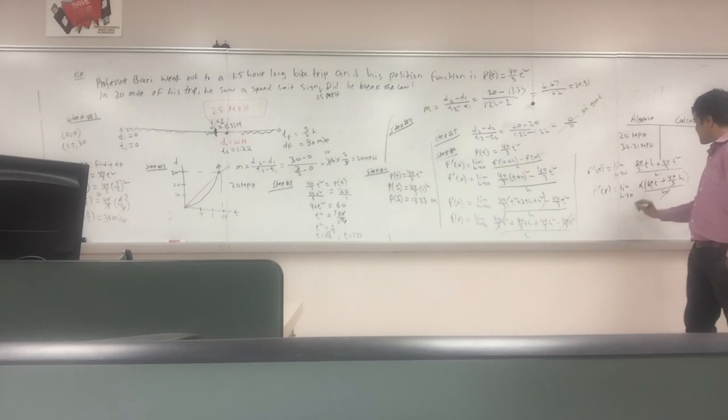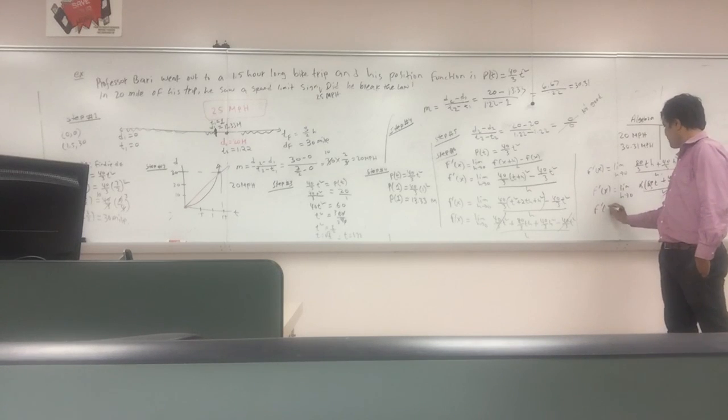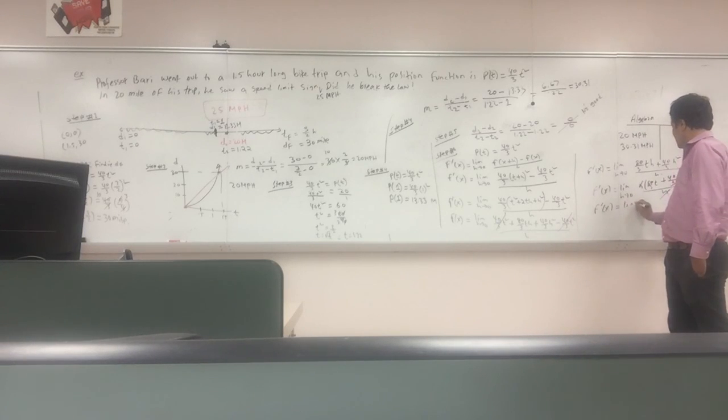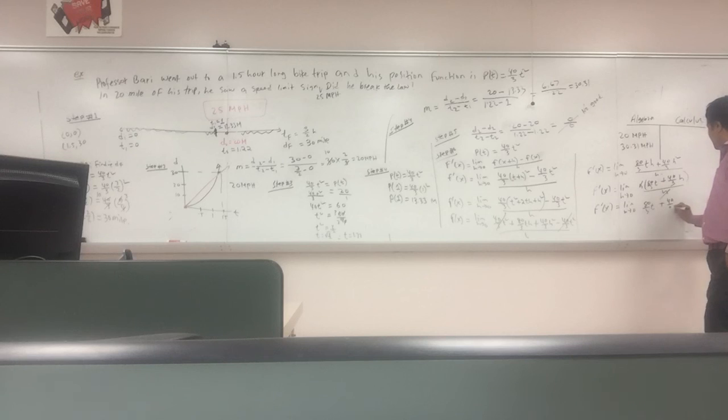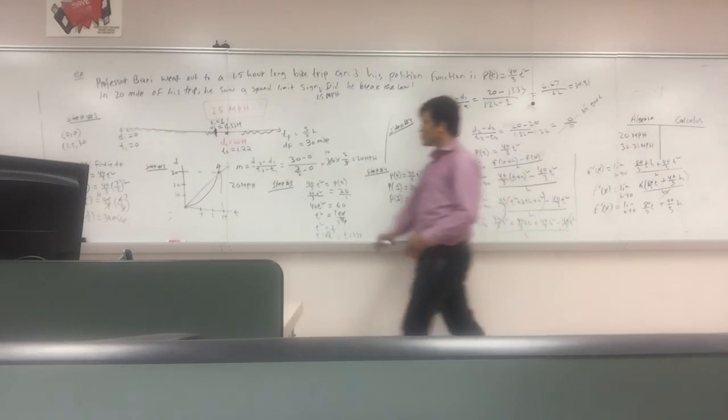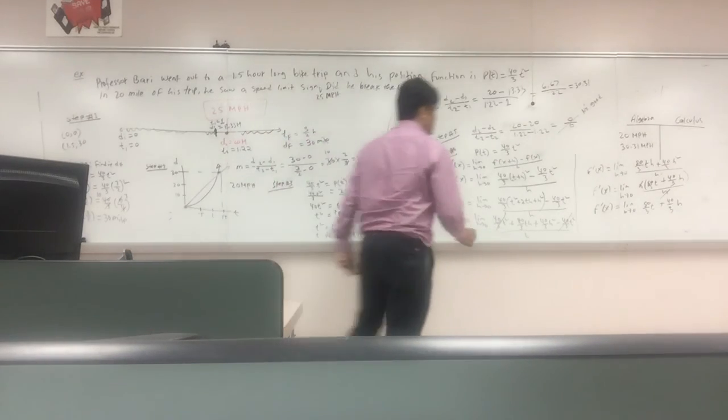So h is cancelled. So f prime of x is the limit as h goes to 0 of 80 over 3 t plus 40 over 3 h. Now we said the limit as h goes to 0, so h equals 0.